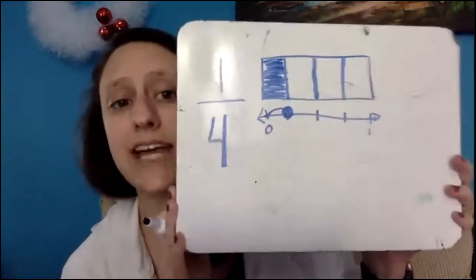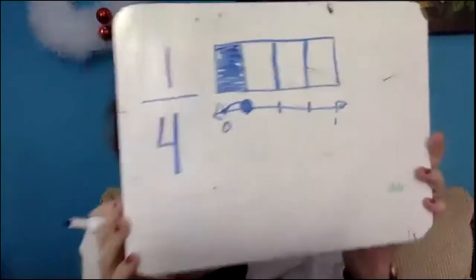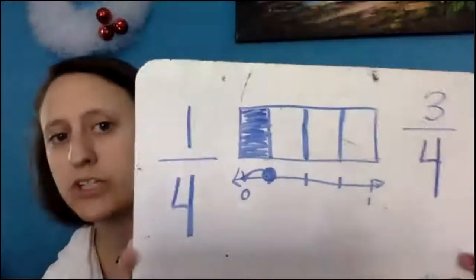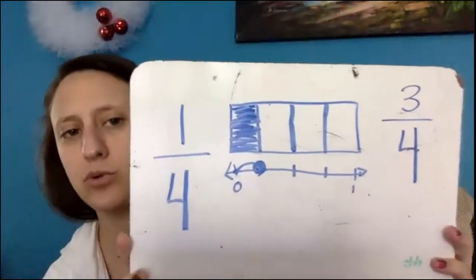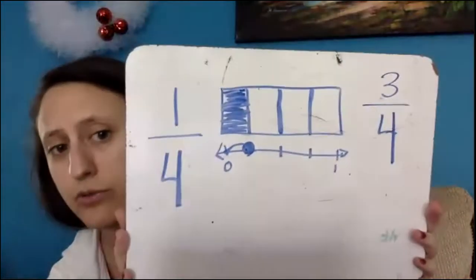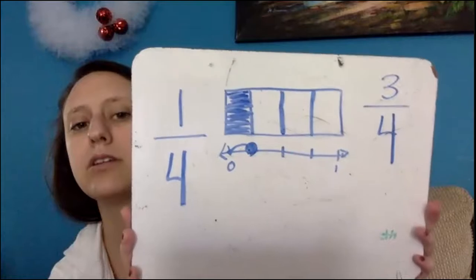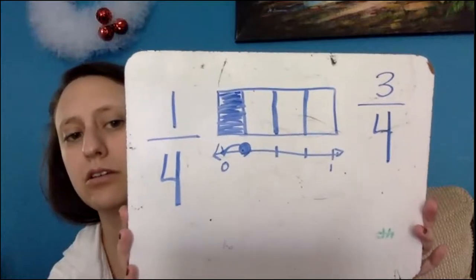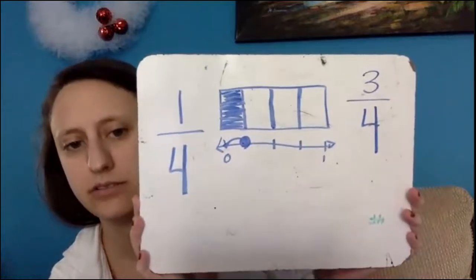So if I have the same denominator and I'm comparing two fractions, and my other fraction is 3/4, which one of these fractions do you think is going to be larger? 1/4 or 3/4? 3/4. Why do you think 3/4?